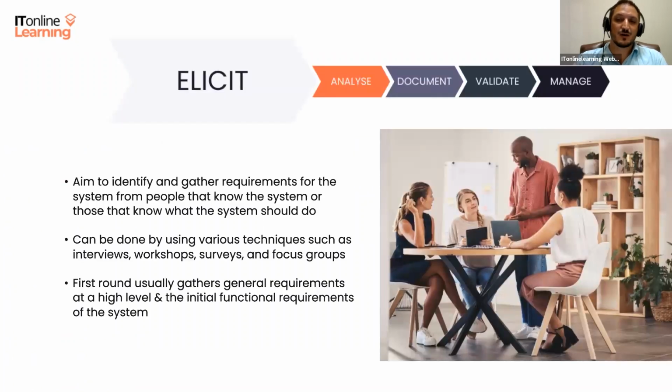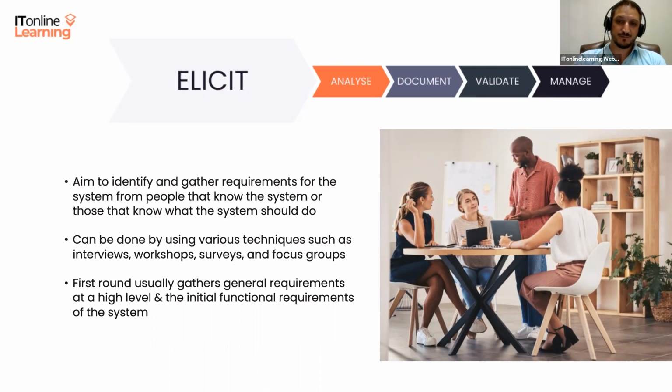So the first part of requirements engineering is requirements elicitation. Requirements elicitation is a large part of the requirements engineering framework. It's the part where we go to the stakeholders of the project, or these people that know the system, and extract information from them, ultimately defining these statements and requirements for the system.